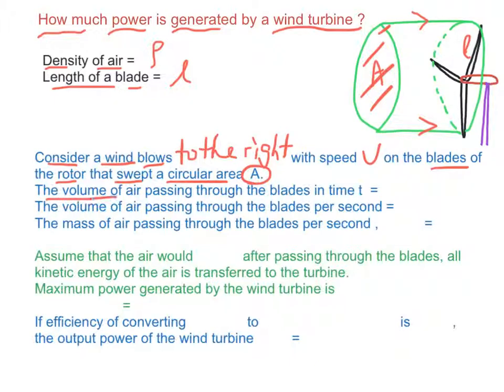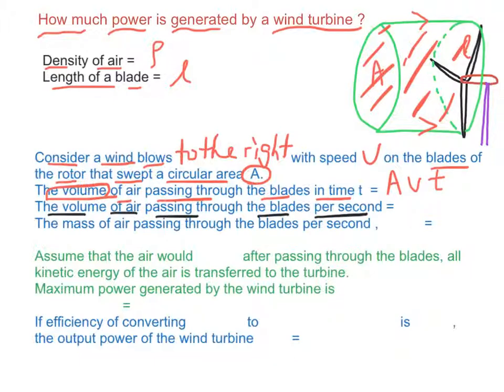The volume of air passing through the blades in time t is equal to AVt. Hence, the volume of air passing through the blades per second is equal to AV.